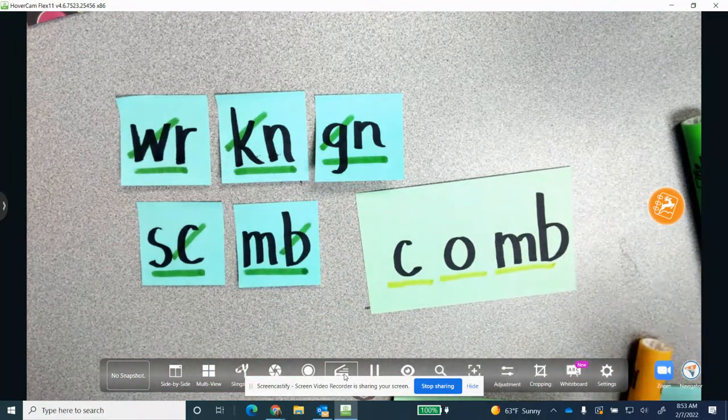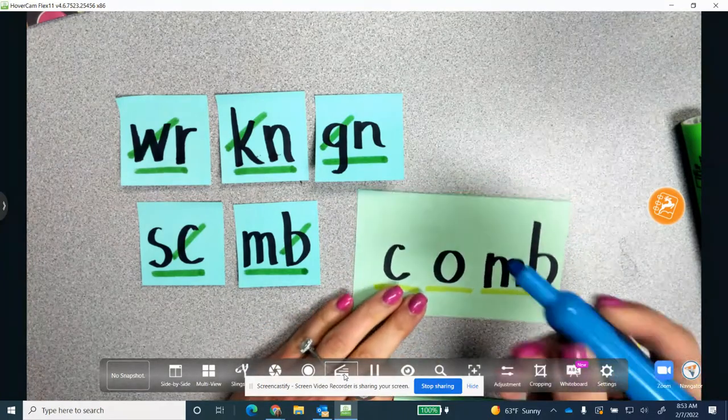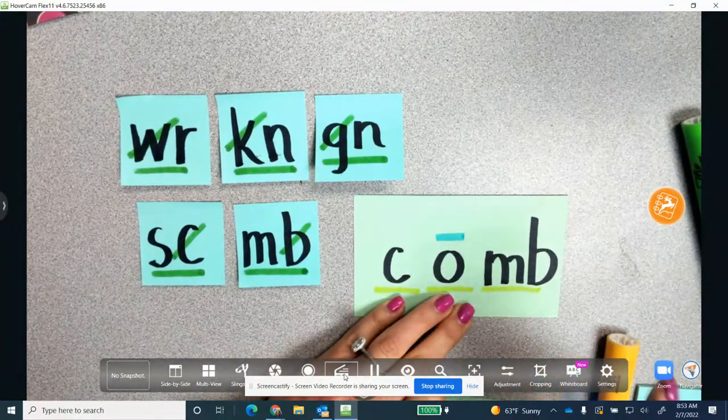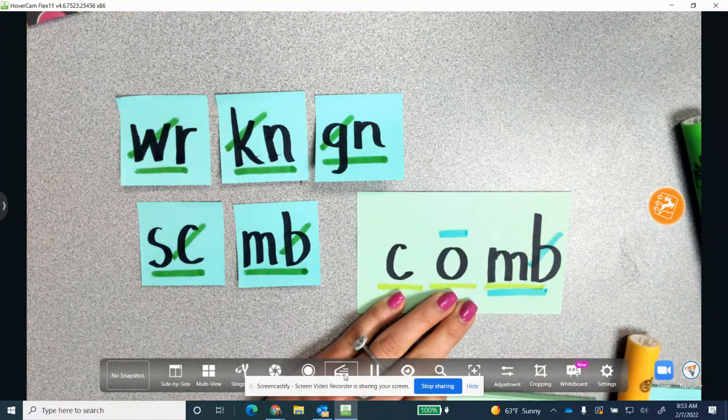Okay. What do you notice about this word? This O is long. And the B is silent. Comb.